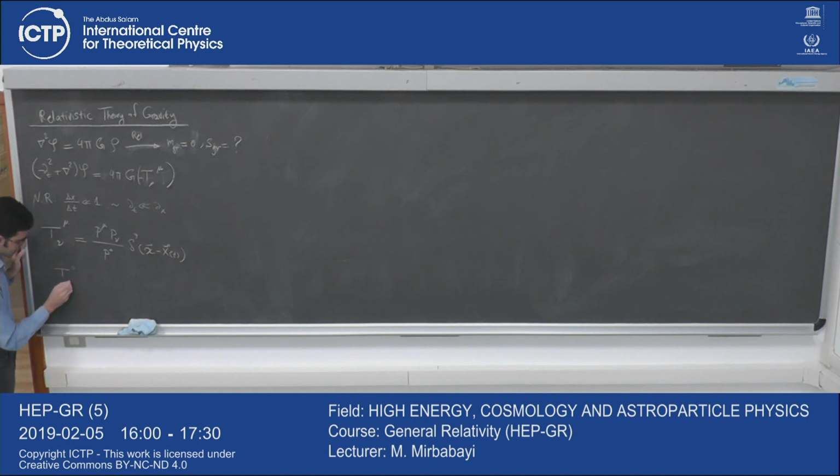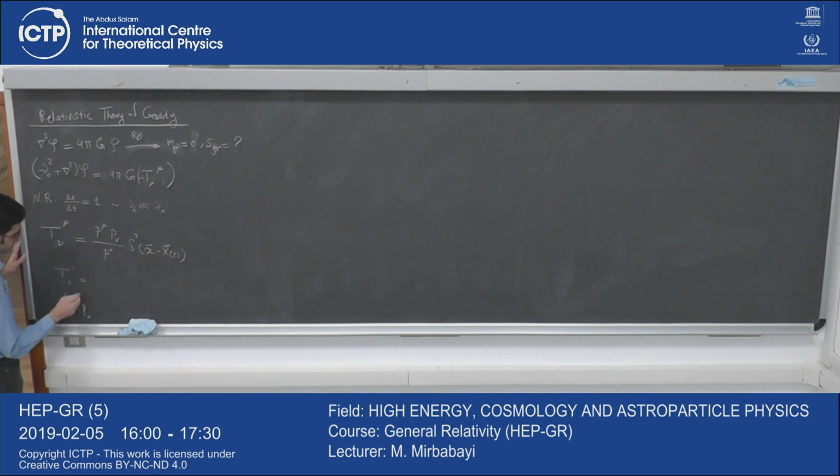So T00 has to give me the energy density, and T0i has to give me the momentum density. However, one thing to keep in mind is that since we are working with the mostly plus signature, P0 with upper and P0 with lower differ with a minus sign. So there will be this minus sign to keep in mind.